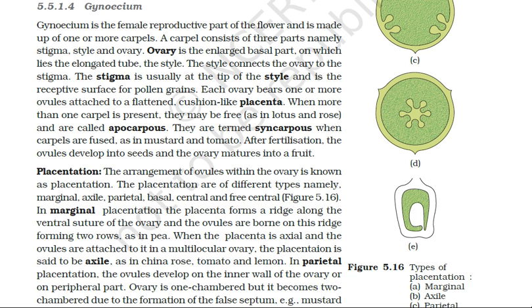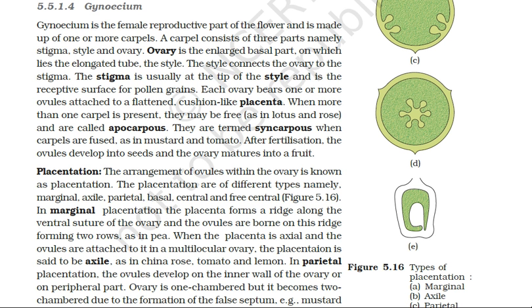And when the carpels are fused, the condition is termed as syncarpous, as you can see in mustard or tomato, and many other members of Solanaceae also. After fertilization, ovary gets converted into fruit and ovules get converted into seeds.